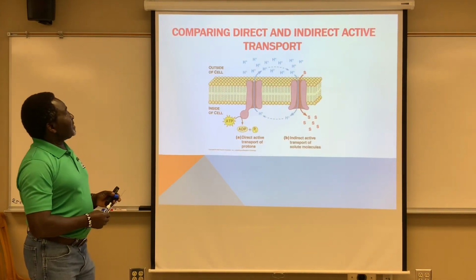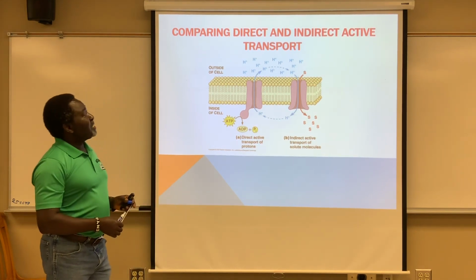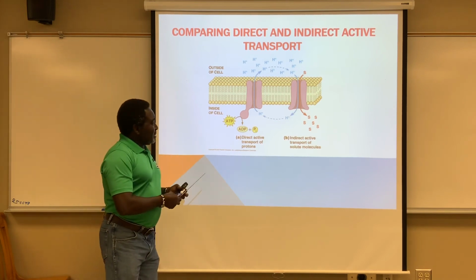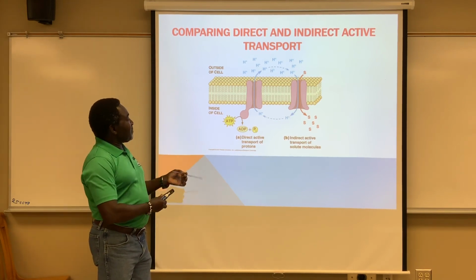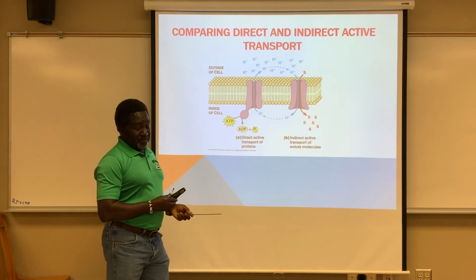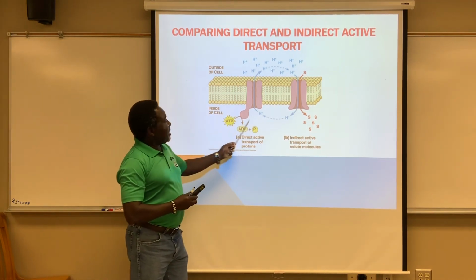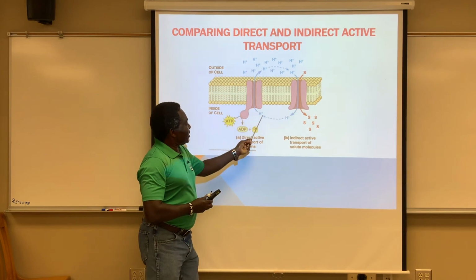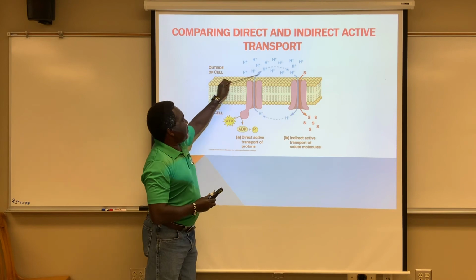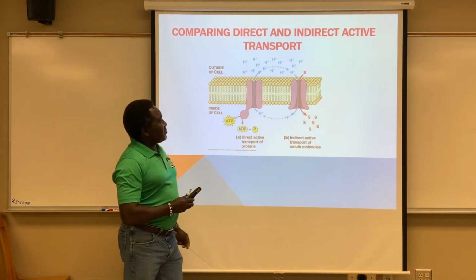Here we are looking at a comparison between direct active transport and indirect active transport. You can see with direct active transport, the process relies on direct hydrolysis of ATP. In this particular arrangement here, your hydrogen ions are being moved up the concentration gradient and accumulated on the outside of the cell membrane here. The cell membrane is not permeable to hydrogen ions.